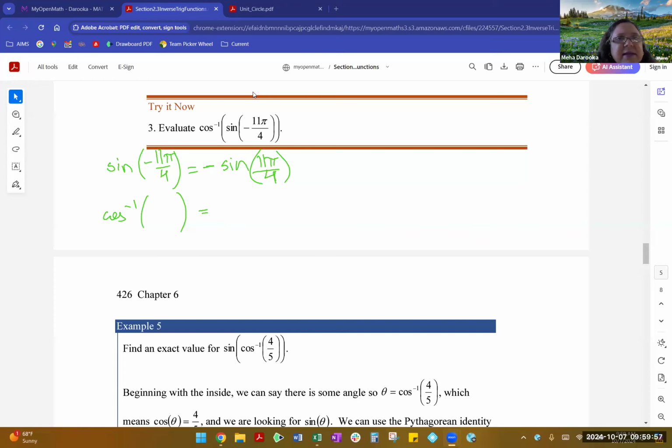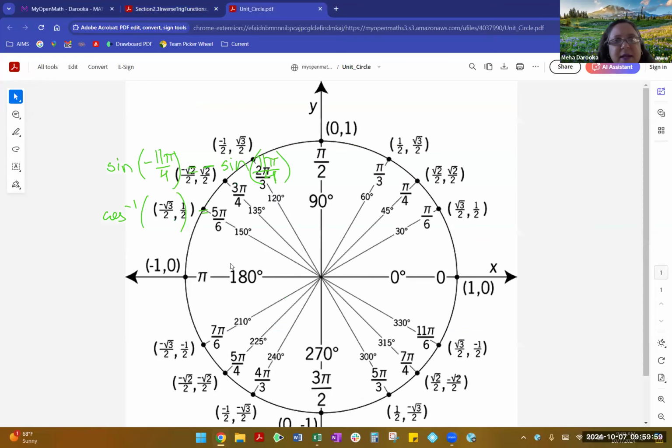Because if you look at the unit circle, you don't have 11 pi over 4 distinguished, right? It's not shown to you. So where would it fall on the unit circle?